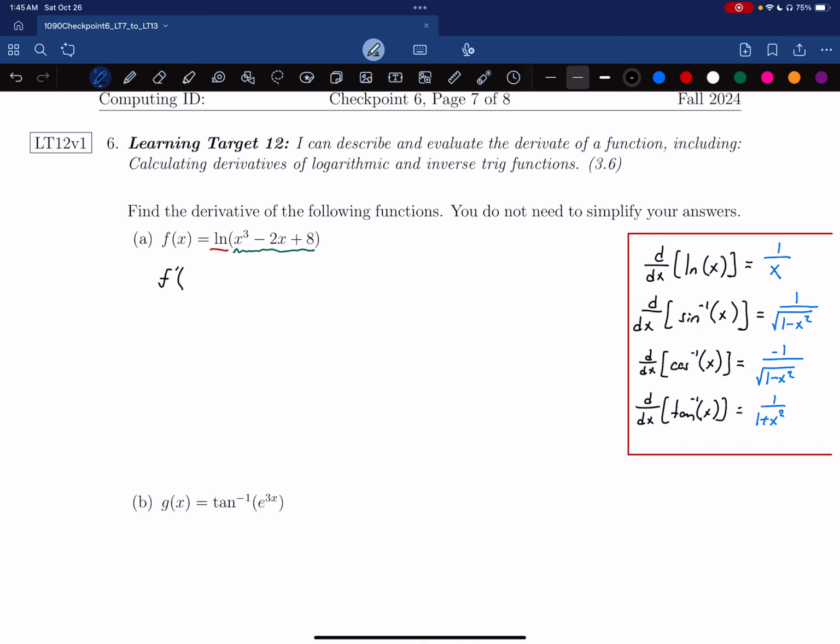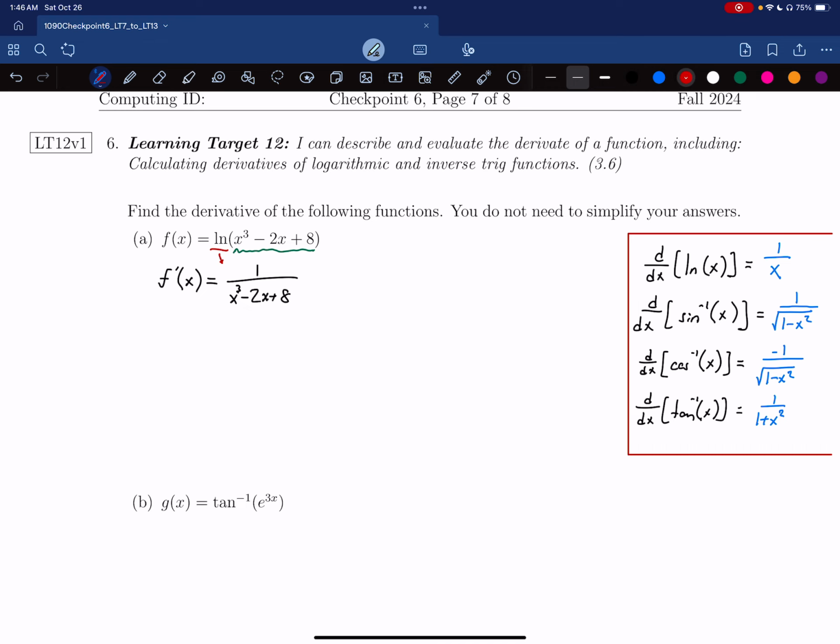So you have that f prime of x is going to be equal to 1 over everything inside there. X cubed, I don't really need those parentheses actually. That would be kind of pointless. 1 over x cubed minus 2x plus 8. That is that outer function, this red part right there.